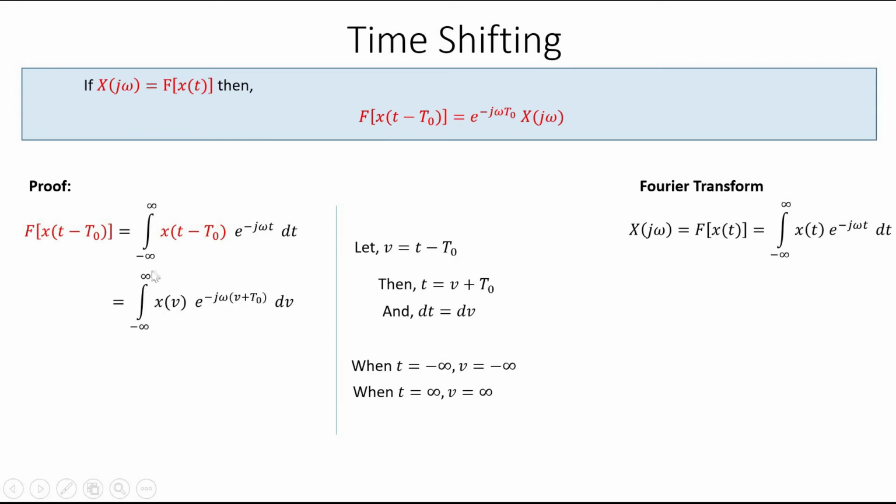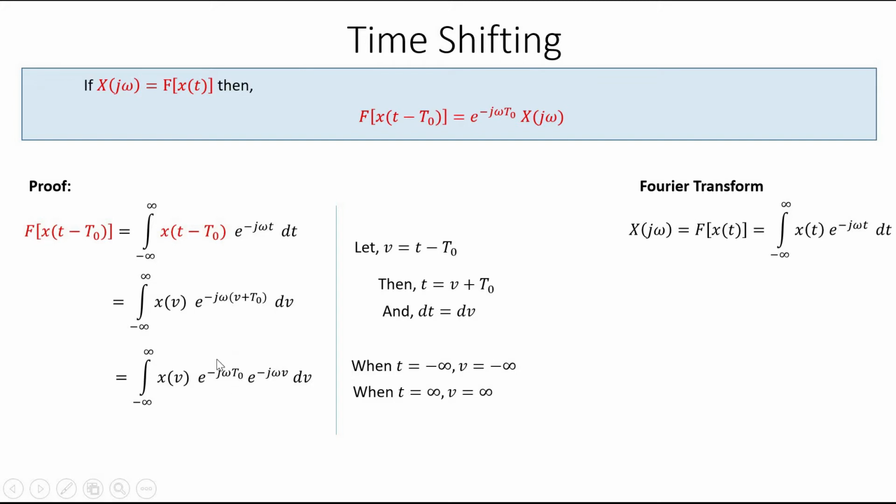So it becomes the integral from minus infinity to infinity. The new limits are minus infinity to infinity. T minus t0 becomes v, and t becomes v plus t0, and dt becomes dv. So this is the new integral we have to find. Then we can split this e raised to minus j omega v into e raised to minus j omega t0.